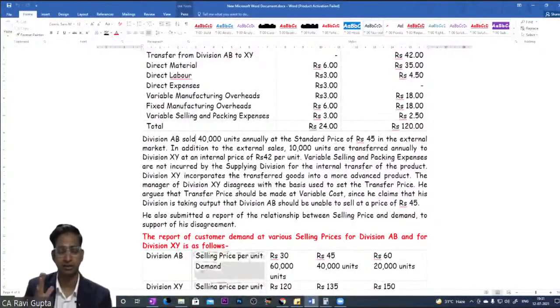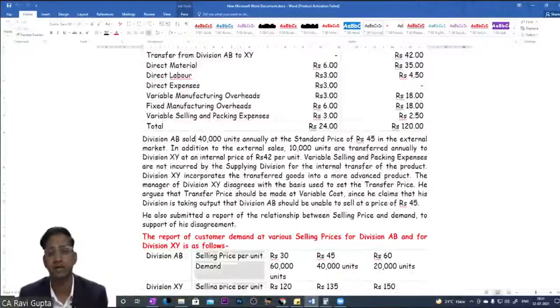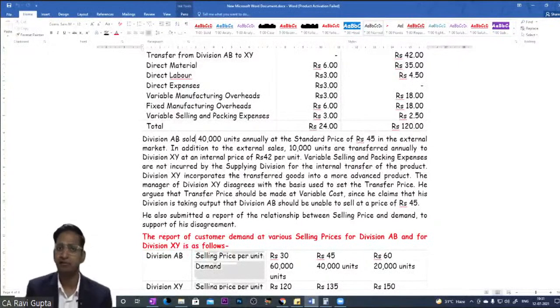This is their normal operating capacity level. So you know that your total budgeted fixed overhead cost is divided by the normal capacity which is being planned to be utilized. So we are planning to use 50,000. So the recovery rates are 6 and 18 rupees. 6 has been calculated on 50,000 units and 18 has been calculated on 10,000 units.